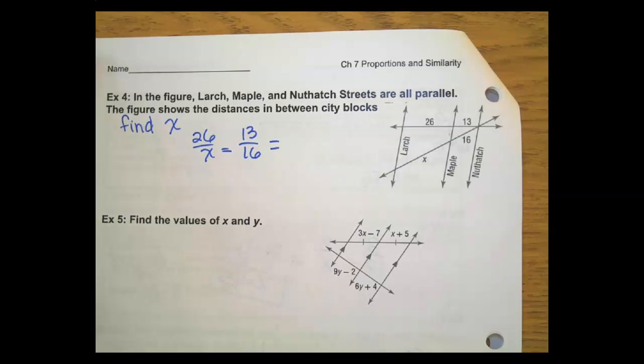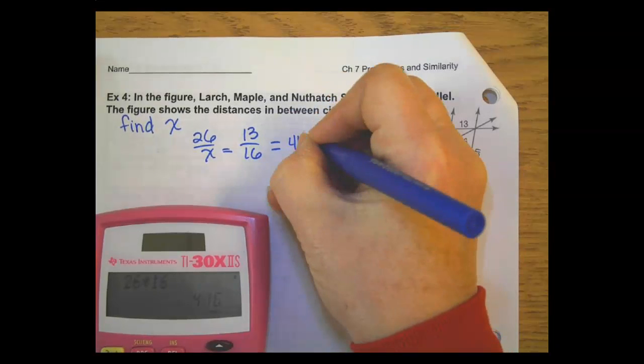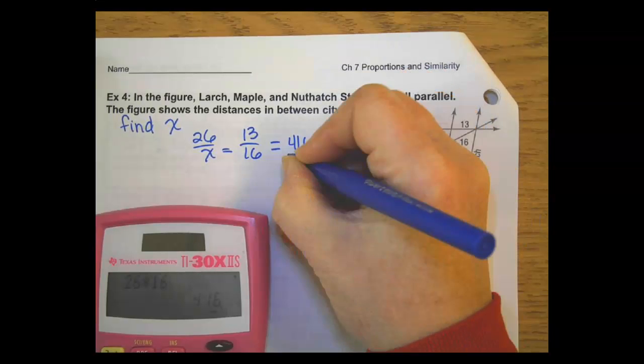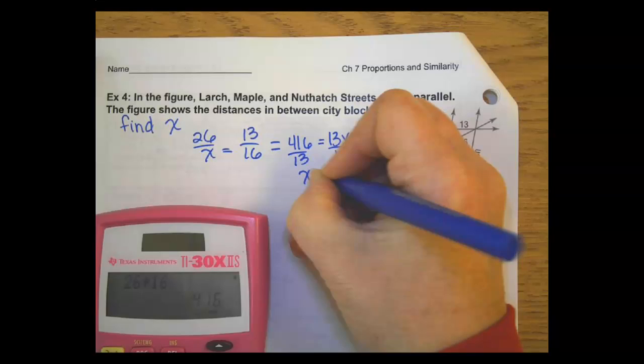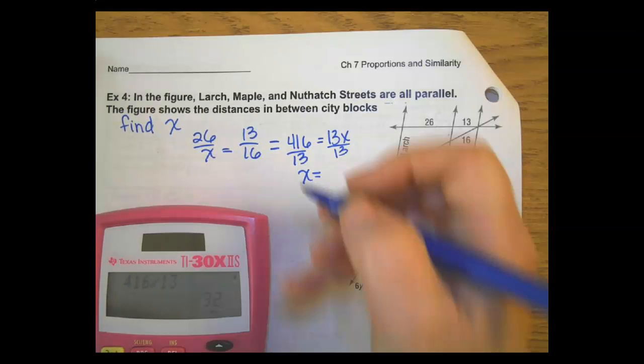Yes. 26 times 16 is equal to 416, and then 13 times x. Divide by 13. And x is equal to 32.